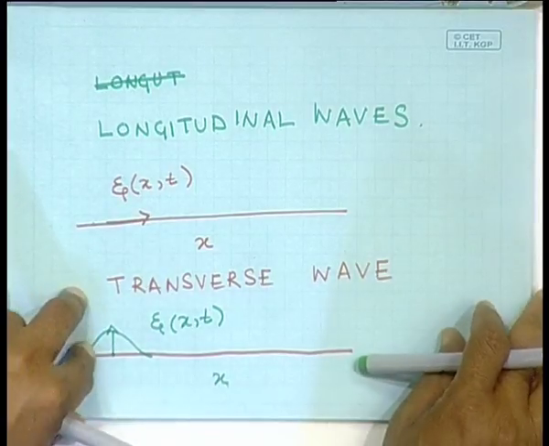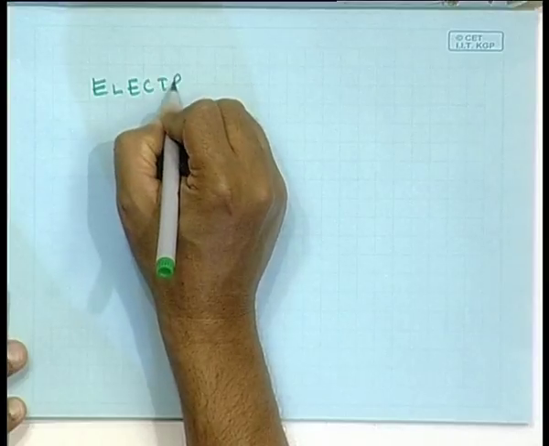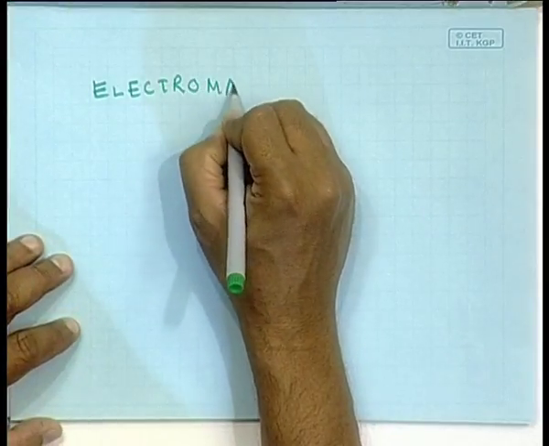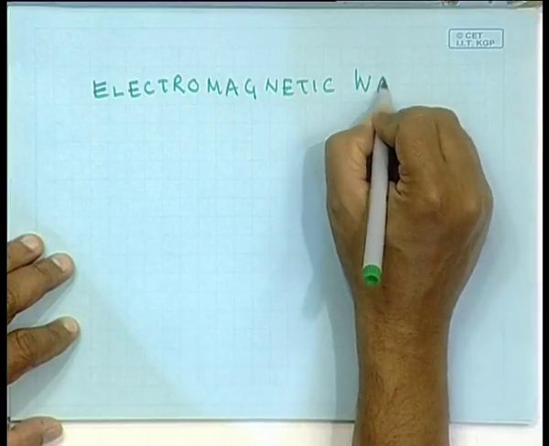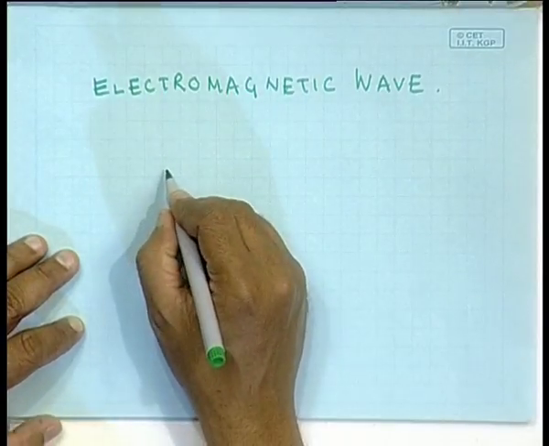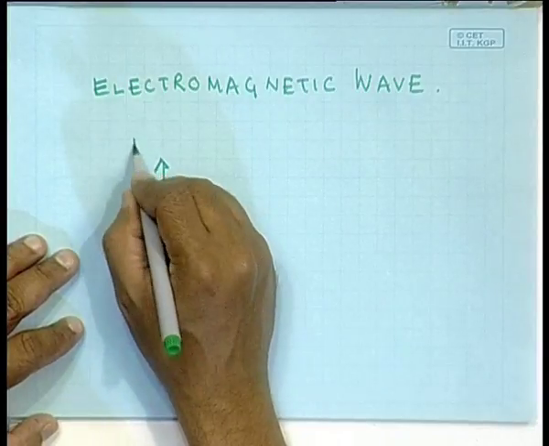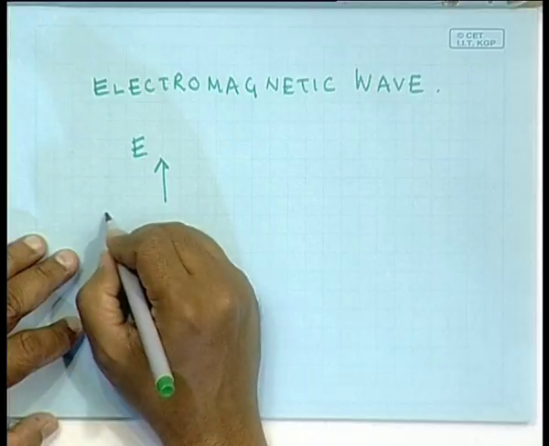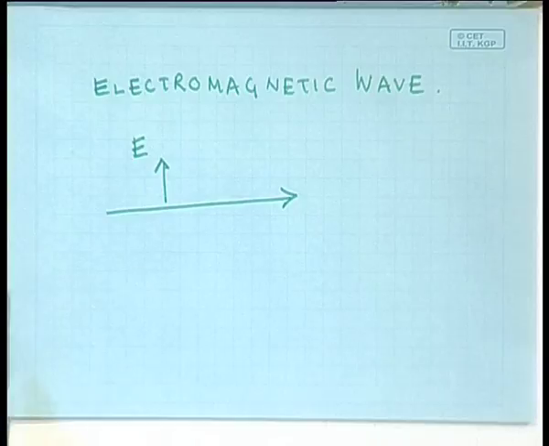Another situation where we have a transverse wave is the electromagnetic wave. I have already told you that an electromagnetic wave is a disturbance in the electric and magnetic field, and if I have a wave which is propagating in this direction, the electric field disturbance can only be in the directions perpendicular to the direction in which the wave is propagating.